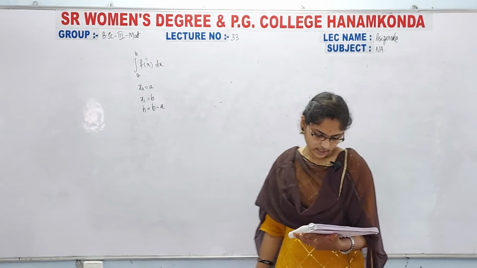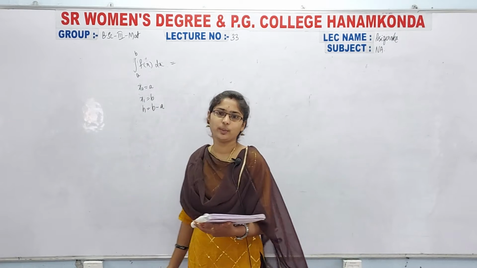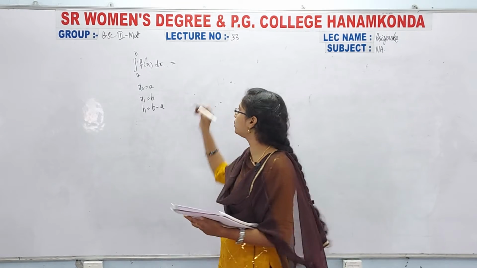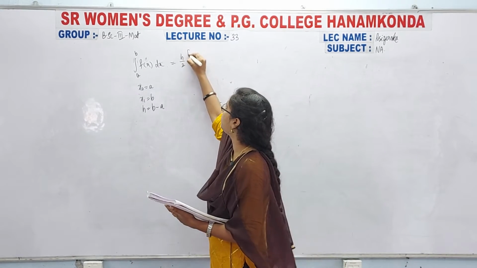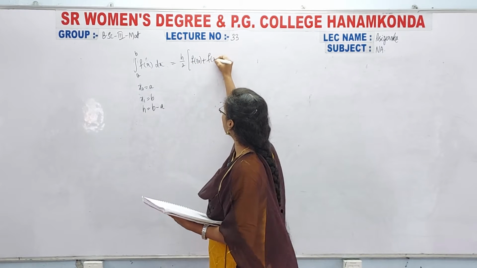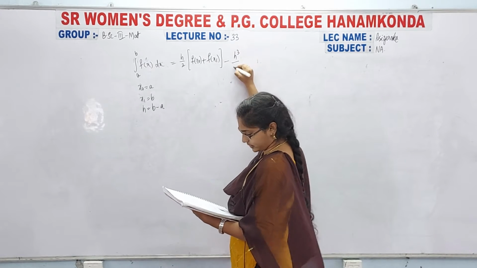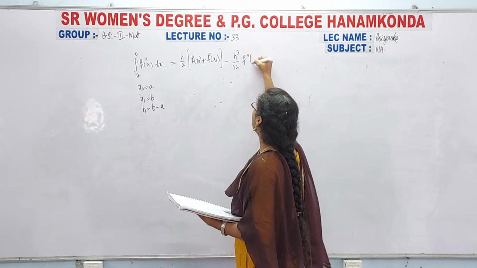Then the trapezoidal rule: integral a to b f of x dx is equal to h by 2 into f of x0 plus f of x1, minus h cube by 12 f double dash of xi.